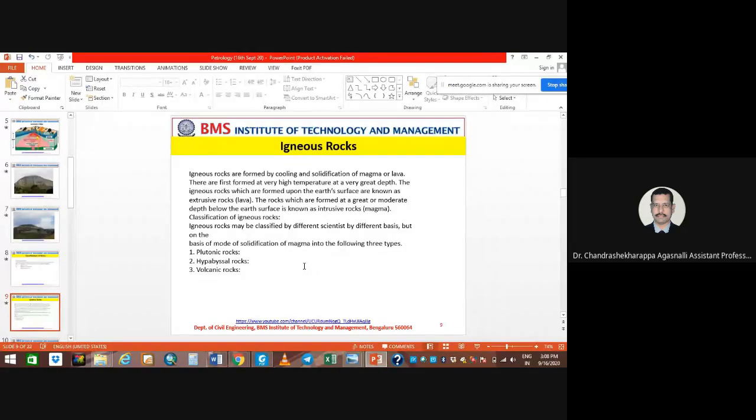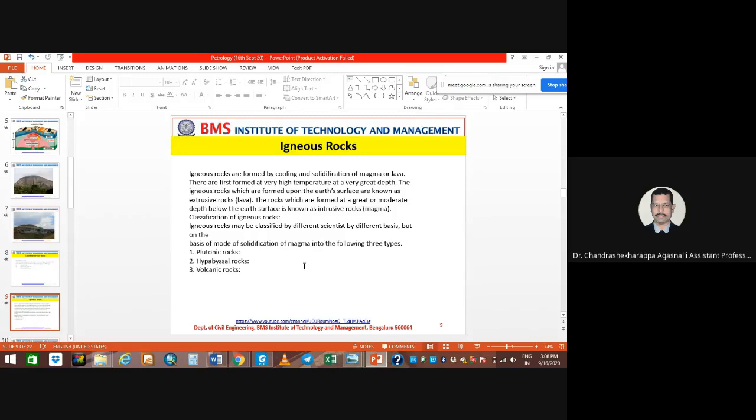Research and development is a continuous process. Based on solidification of magmas, geoscientists have described that igneous rocks can further be classified into plutonic rocks, hypabyssal rocks, and volcanic rocks.